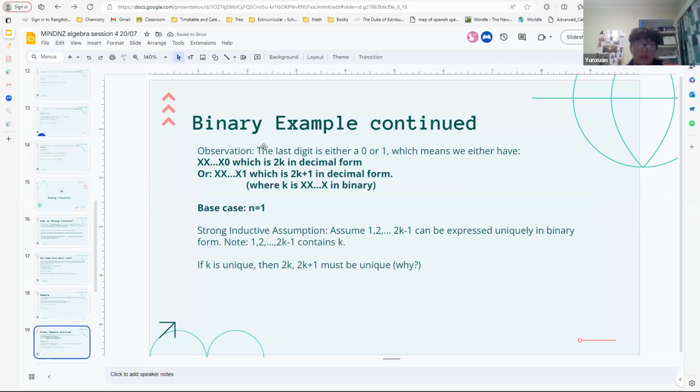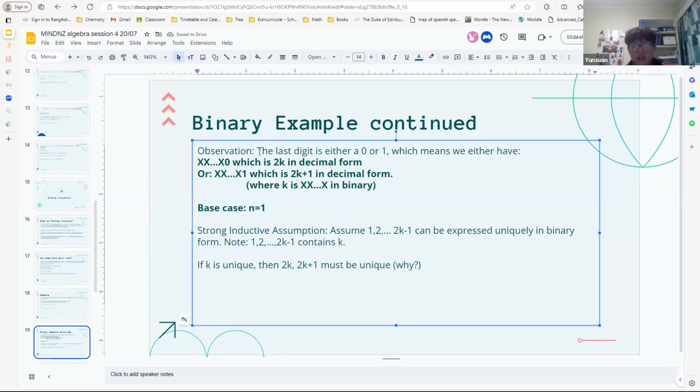Okay, so an observation is that the last digit is either 0 or 1, which means that we have a string of ones and zeros followed by 0, which is the same thing as 2k in decimal form. Does everyone understand? Because if it ends in a 0, that means it's 0 times 2 to the power of 1.